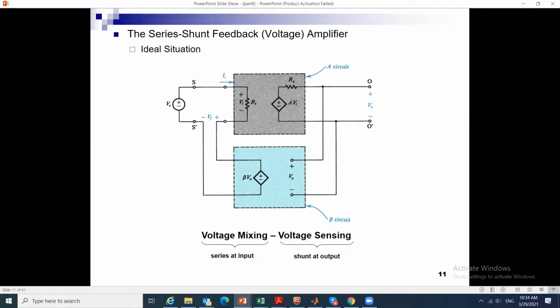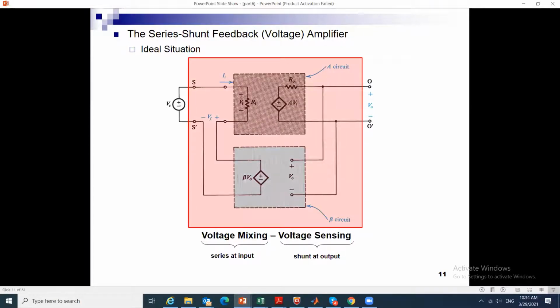And now we're going to say, this is my big amplifier that wants to relate VO to VS. Let me solve for AF. What we will find is that AF is A over 1 plus A beta.